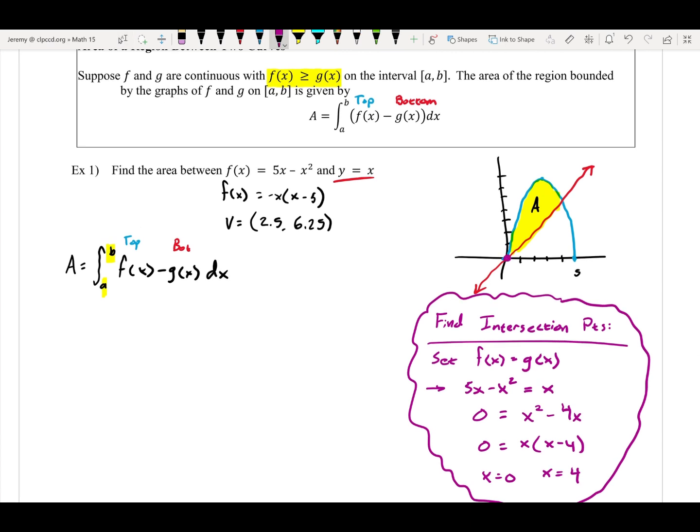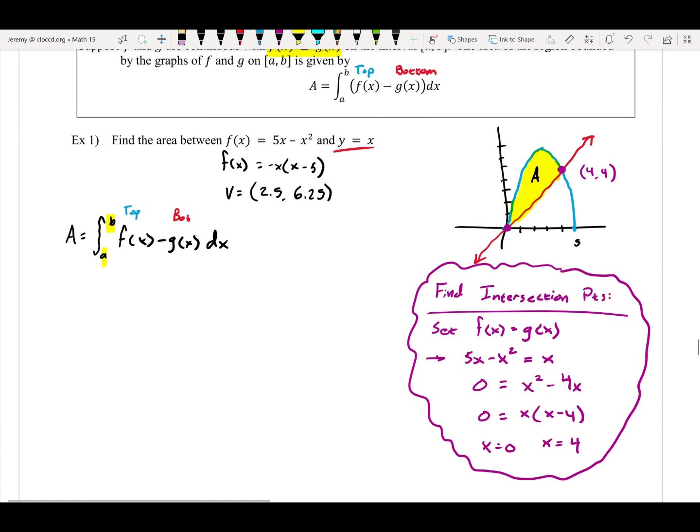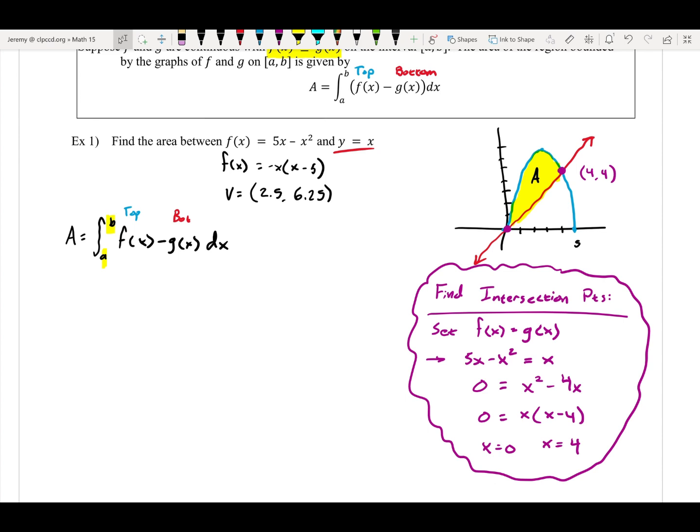We kind of could tell just by looking at the picture. And this other one up here occurs at x equals 4, and it turns out it's the ordered pair (4, 4). You could plug x equals 4 into either of these two functions and you'll get the same output of 4. But really, I just care about the x-coordinate because if I look at my integral, we are integrating with respect to x here. So these a and b values that I'm looking for are going to be x values.